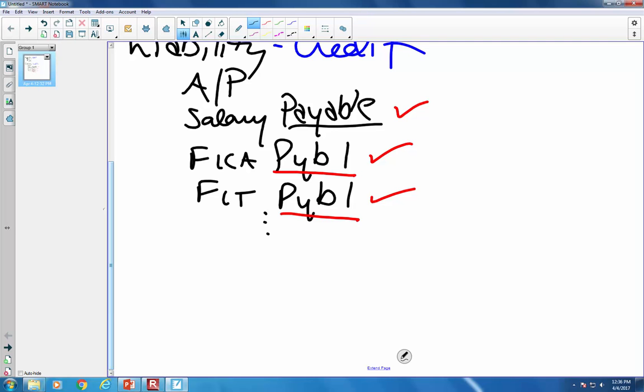Okay, what's the first kind of account on a P&L? Cash is an asset account. That's on the balance sheet. Go ahead. Revenues and expenses. I don't think we're going to be using any revenue accounts, so I'm going to jump right down to expense. Expense has what type of balance?